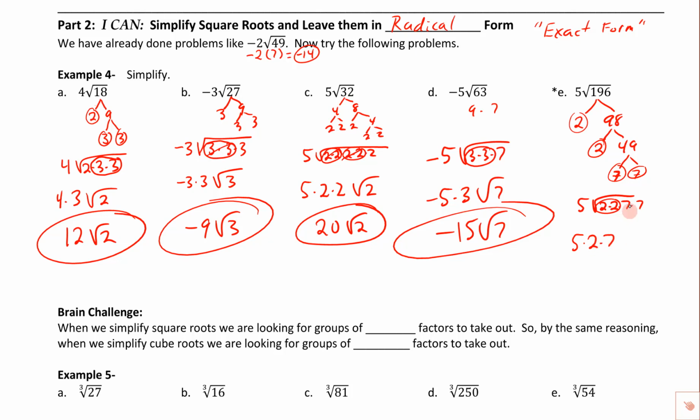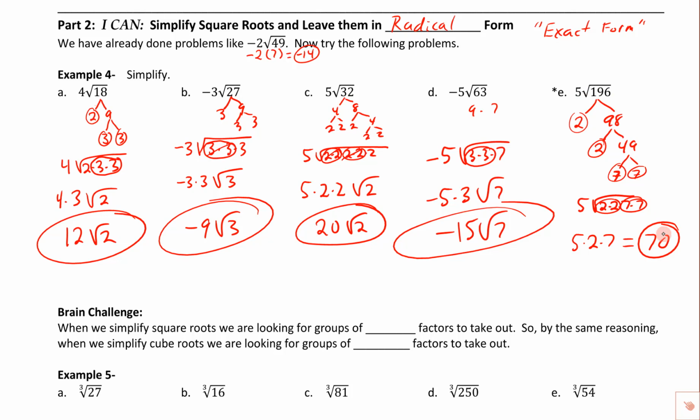We've got a 7 on the outside to represent that pair of 7's on the inside. And then again, technically what's left would be nothing. There would be a 1, which we normally don't write. So this is the answer right here. 5 times 2 is 10 times 7 is 70. Okay, so in that simplified version, it started out with a radical, but then we just get this nice whole number of 70, and we're all set to go.